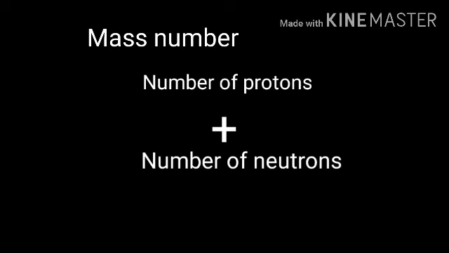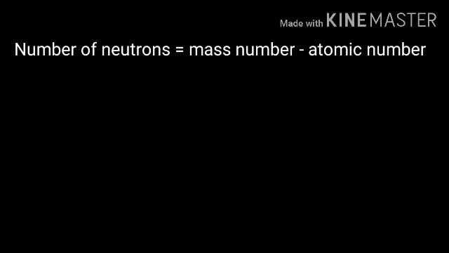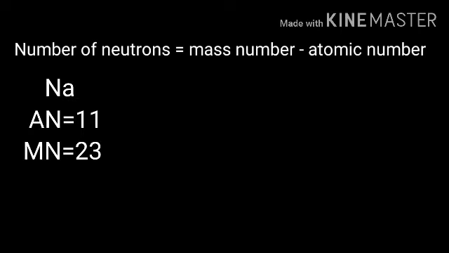For example, if the atomic number and mass number of an element are known, we need to find out the number of neutrons. How can we find it? Number of neutrons is equal to mass number minus atomic number. For example, a sodium atom: its atomic number is 11, its mass number is 23.